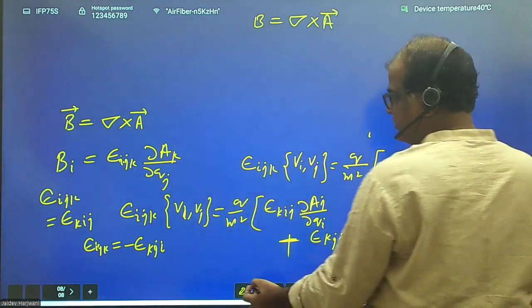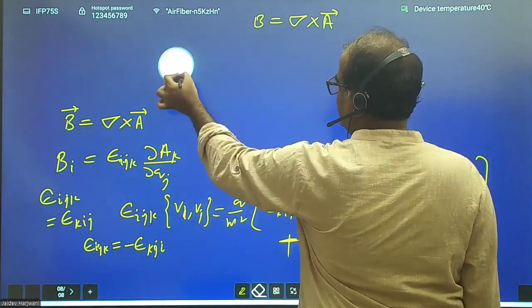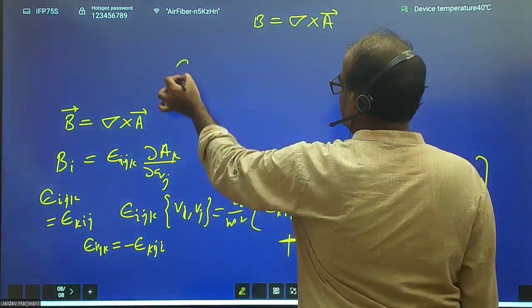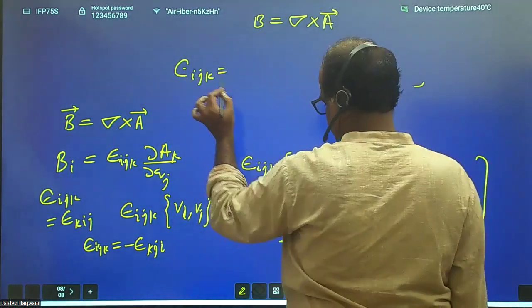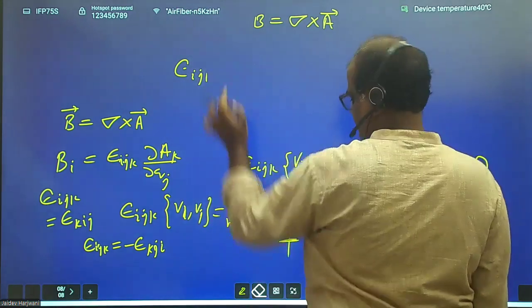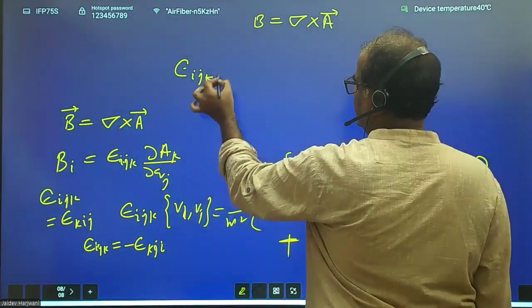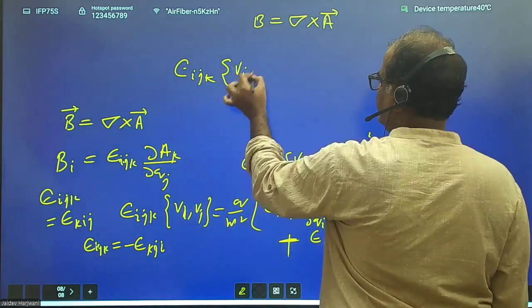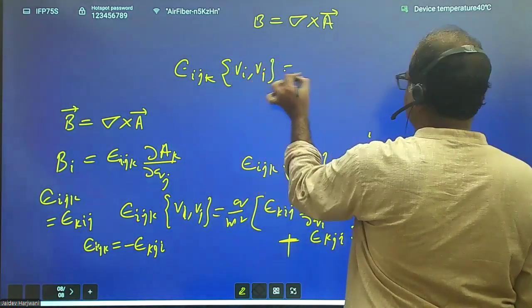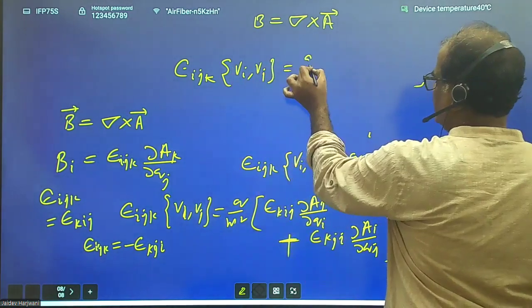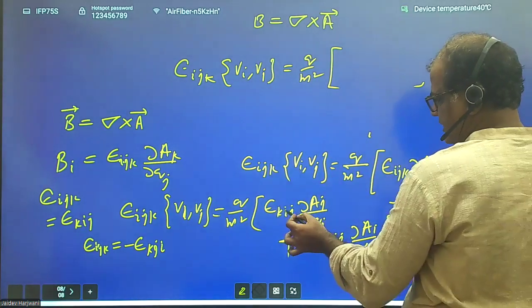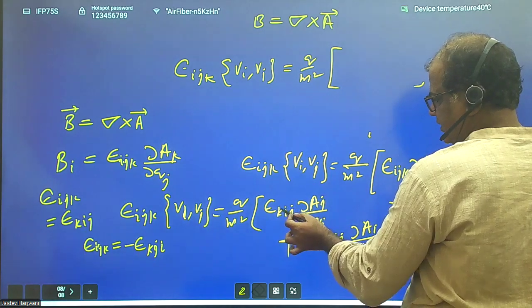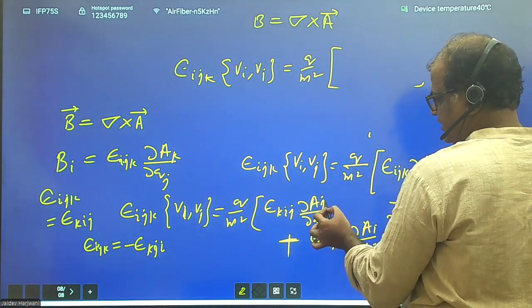So now this definition says eijk times the curly bracket vi vj is equal to q by m square, and this is your kij, k here, i here, j here.